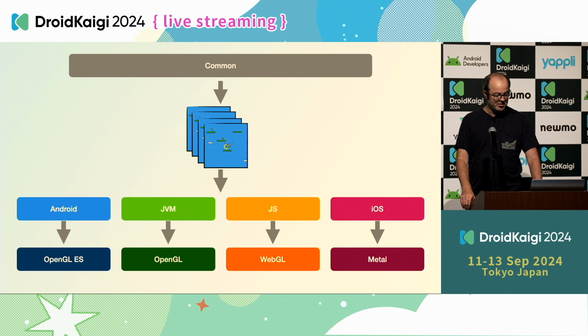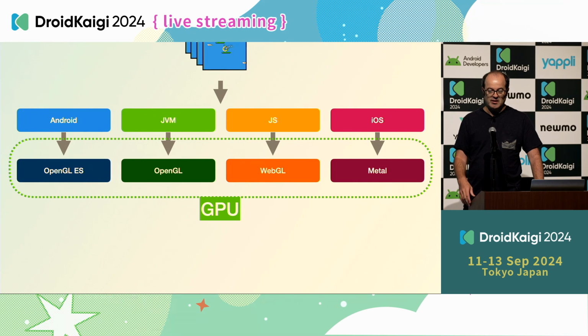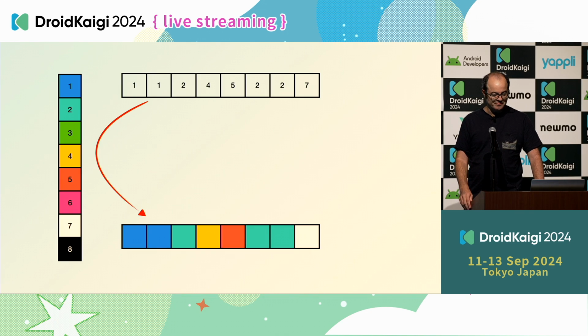So, last trick. The issue with the current architecture is that everything is done in Kotlin on the CPU. And while everything is done on the CPU, the GPU is just doing nothing. What can I change?